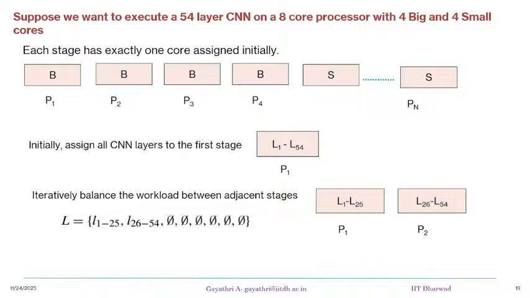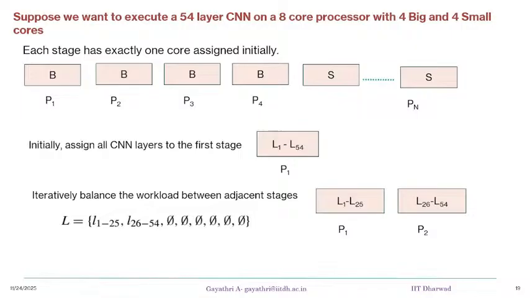So initially we put all the layers into one of the pipe stages, and then we do the rebalancing. We start moving layers from layer 54, because 54 is the last layer, and we move until both of these stages are almost balanced.